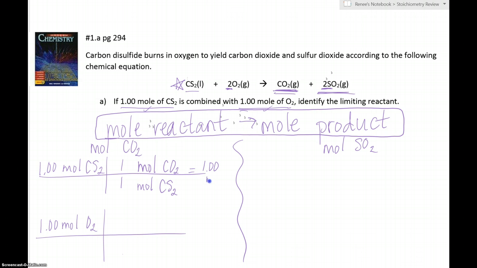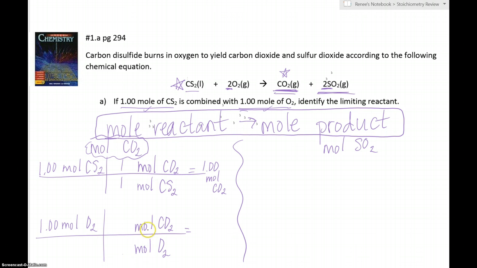1 mole of carbon disulfide produces 1 mole of CO2, which is why I like to always pick the product that has 1. Just makes life so much easier. Alright, on this one, we put mole of oxygen on bottom, and again, mole of CO2 on top, since that's what we're trying to find on this side.